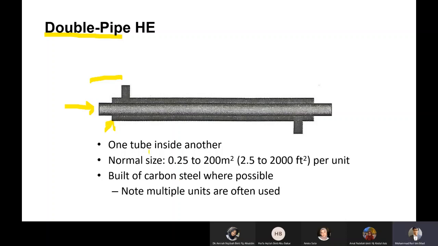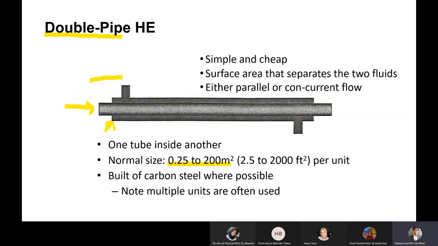The typical size for a double pipe heat exchanger is around 0.25 to 200 square meters per unit. Typically, it is built of carbon steel, and normally there are multiple units. This is very famous. I think it was among the very first heat exchangers used during the early industrial revolution.